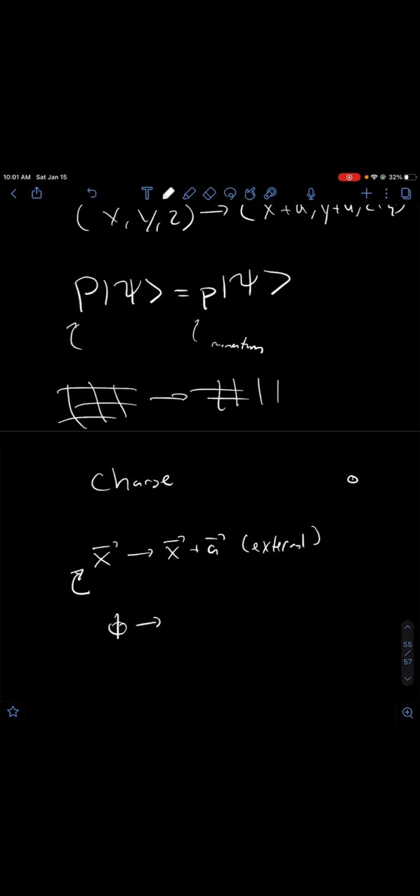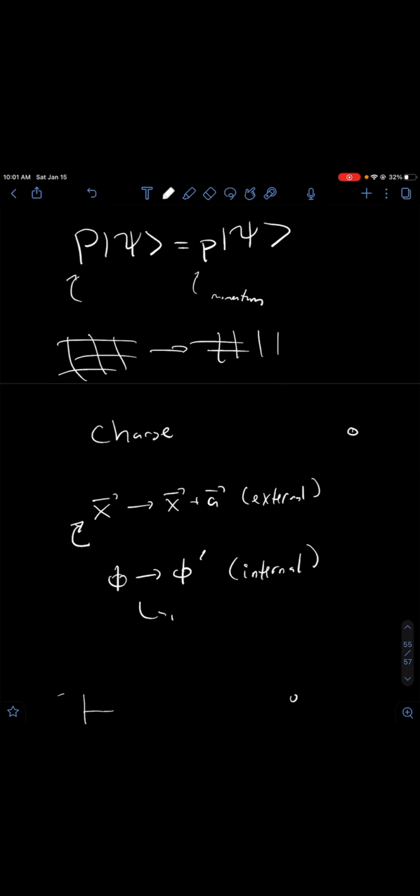So our field phi turns into, say, phi plus some amount, or just phi to phi prime. This is an internal transformation, and it gives us internal symmetries. That's a different case.